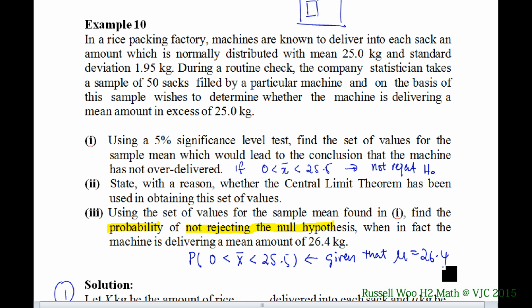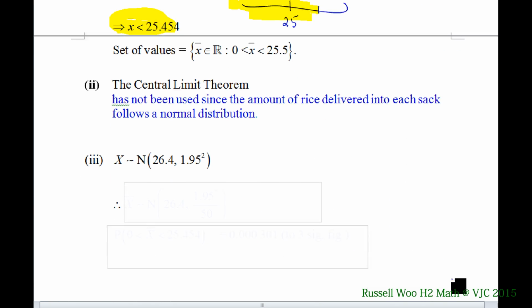If mu is 26.4, that means the population mean is 26.4, what we are saying is X follows this normal distribution with mean 26.4. Correct? If X follows this distribution, X bar should have the same mean 26.4, but will have a different variance, which is 1.95 squared over n, which is 50. Correct?